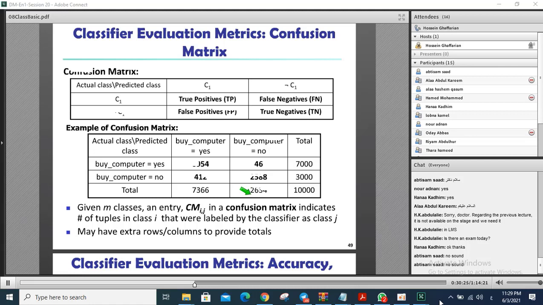So simply we can use a confusion matrix. Here you can see that in the columns and rows, the total number of samples in those cases are written here. 7366 cases are predicted as class buying, and 2634 cases are predicted as non-buying computers.